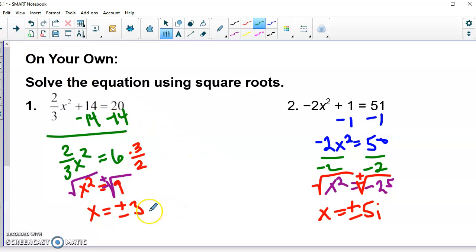All right, so we should have for number 1 both positive and negative 3. For number 2, both positive and negative 5i. If you missed any of this, please look at the steps that I showed as I solved these to help you understand the steps that maybe you missed along the way.